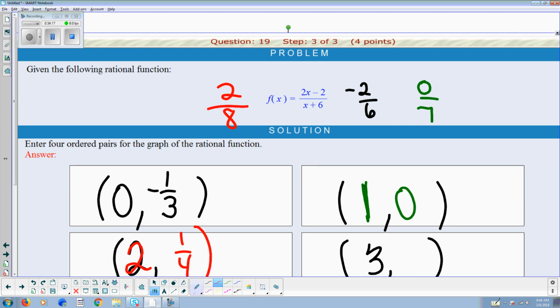Be sure you reduce. And if I substitute in a 3, 2 times 3 would be 6, minus 2 would be 4, and 3 plus 6 is 9. I would get 4/9. It's fairly easy to come up with 4 ordered pairs. Just be sure if you have a reducible fraction, you reduce it. Unless you like the idea of partial credit.